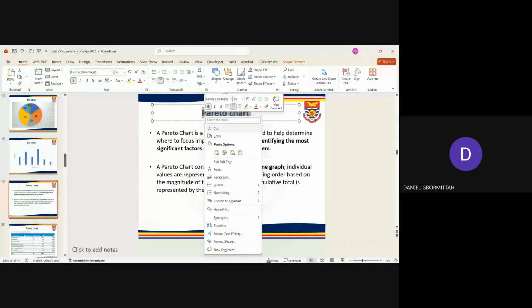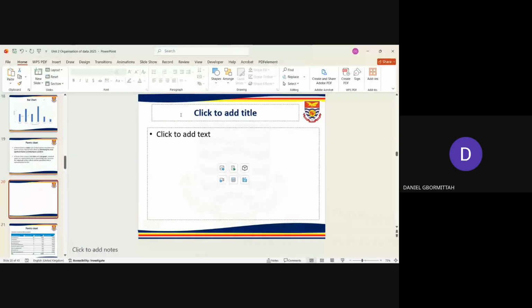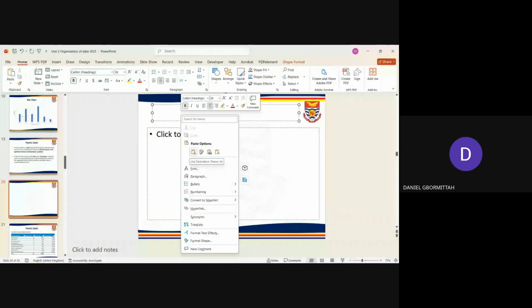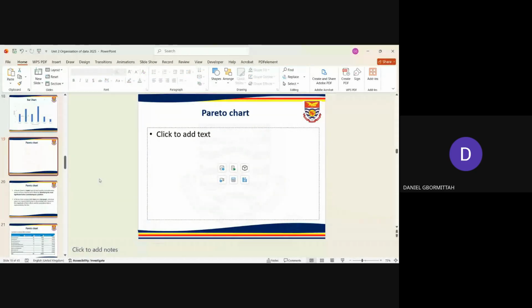So let me quickly put it here. So we are talking about Pareto charts, right? So how do we go about the drawing or representing our data using Pareto charts?